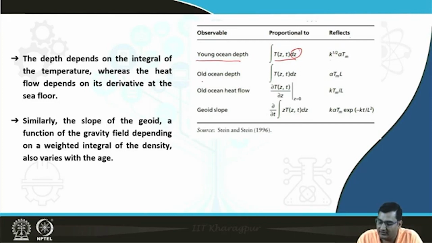For old oceanic depth, this is the integral of the temperature with respect to depth, and it has alpha Tm L. And old ocean heat flow is basically k Tm by L. Similarly, the slope of the geoid, a function of the gravity field, depends on the weighted integral of the density, which also varies with age, and has expressions something like this.